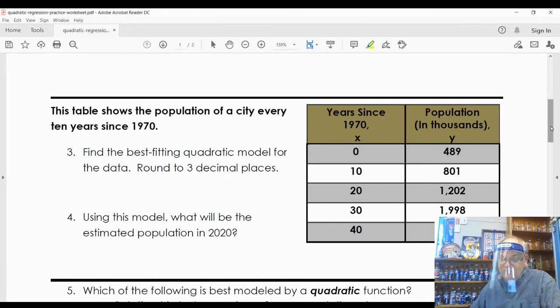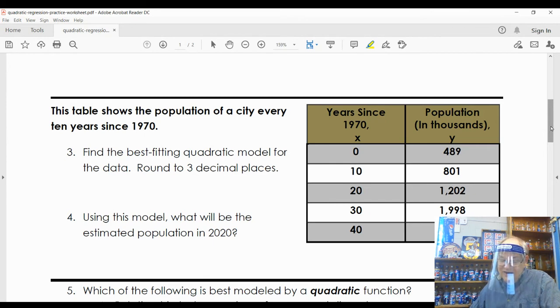You had to figure out the population for 2020. The thing that is probably most important on this one is that it talks about the years since 1970. How many years after 1970 is 2020? That's why we've got to plug in 50. You don't plug in 2020, you plug in 50.